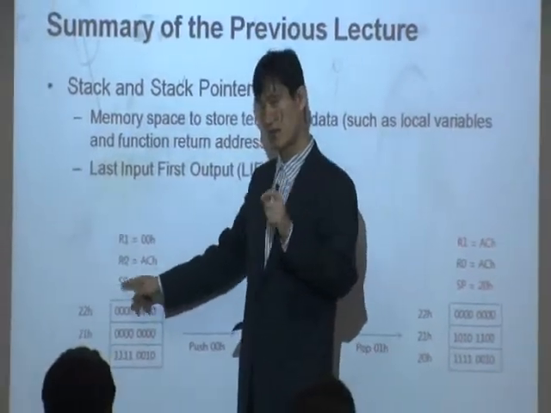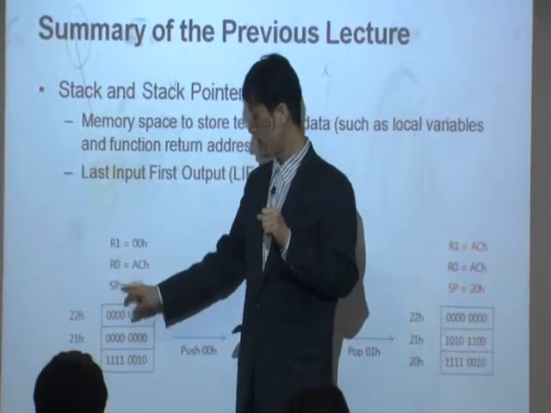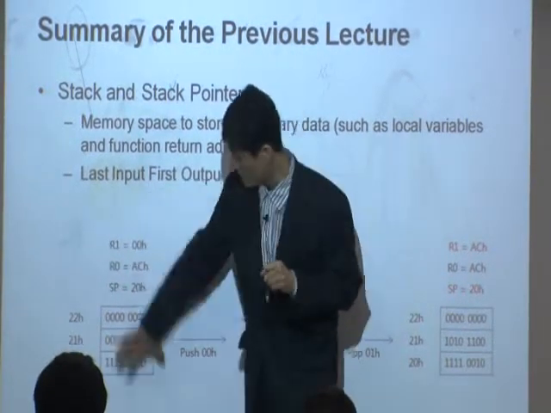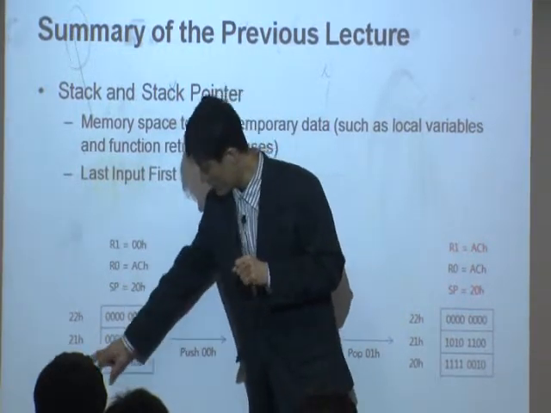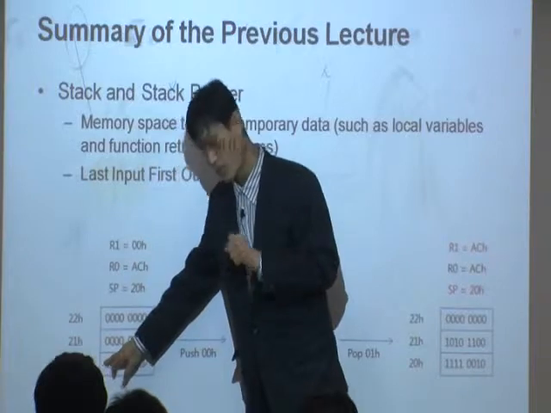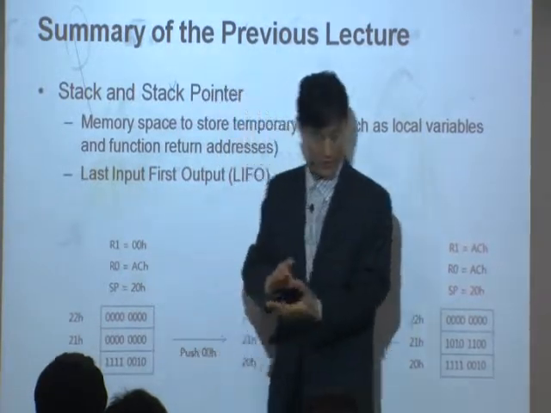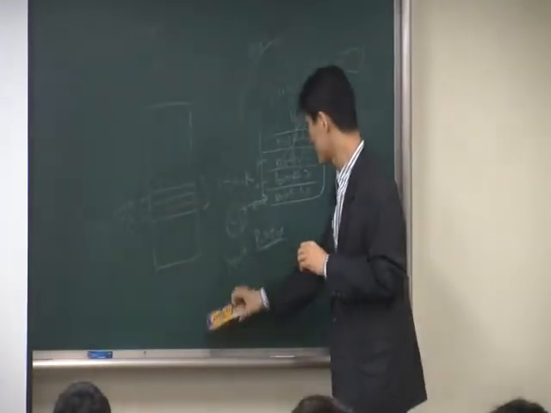Here is an example. Let's say the stack pointer says 20H. Then this is the memory address, and we have the stack pointer 20H right here, which basically means that right now the bottom of our stack is 20H.